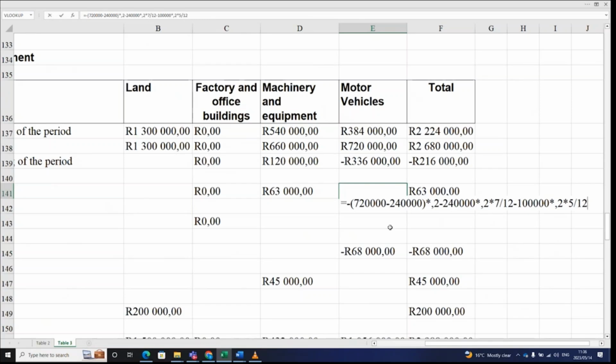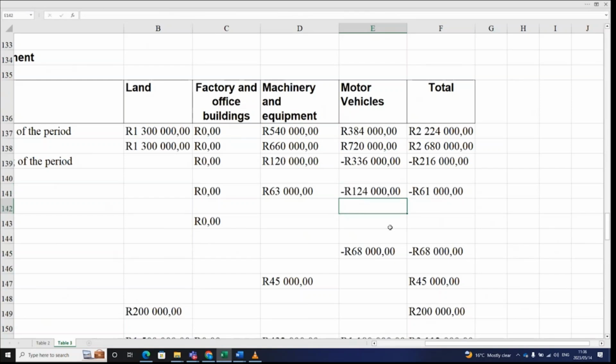And then that would give us the depreciation for the current year. Okay. But since there was no asset, we'll just need to take out the depreciation for the asset that was disposed of. Okay. So that gives us 124,000. Right.